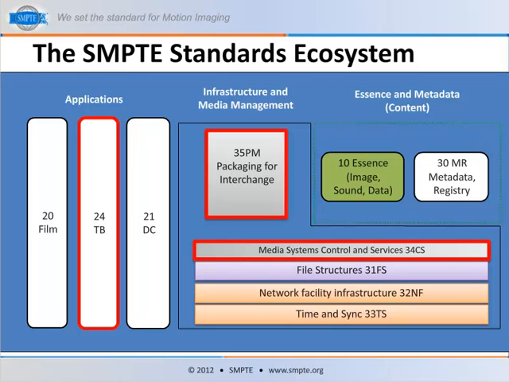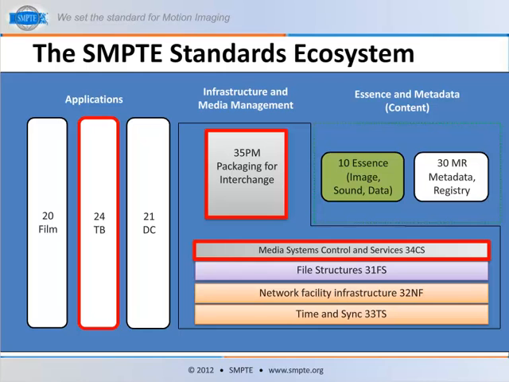Immediately to the left of that is a committee that really packages this stuff, and probably the most obvious one we're dealing with at the moment is IMF, the Interoperable Mastering Format, which is currently going through the SMPTE process, which I'll talk about in a little more detail later on. Over on the left-hand side, we have what I regard as the delivery committees, and these deal with how material is distributed to an end user or an intermediate user.